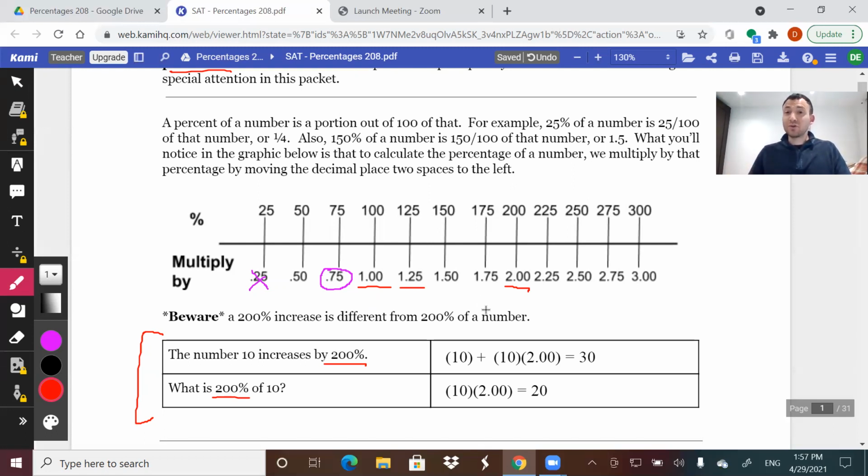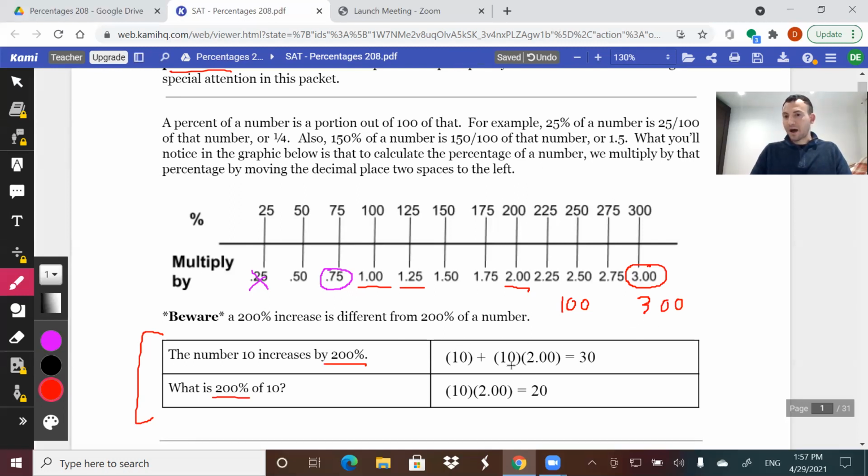If it increases by 200%, you're adding 100% on top of the value twice. So, right, if it increases by 100%, you'd multiply it by 2.0. To increase by 200%, you're multiplying it by 3.0. Essentially, it's tripling, right? Like if 100 were to increase by 200%, it would become 300.